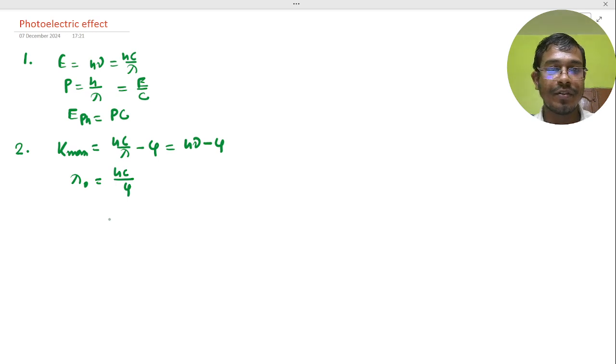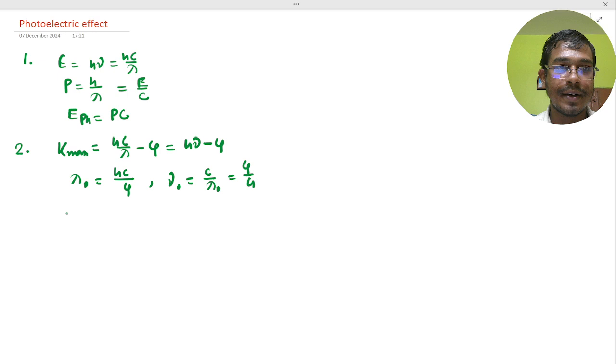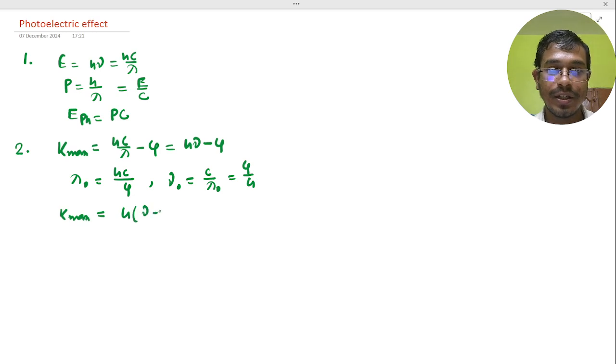The corresponding frequency is called the threshold frequency, defined as nu naught equal to c by lambda naught, equal to phi by h. So in compact form, K max equals h into nu minus nu naught.